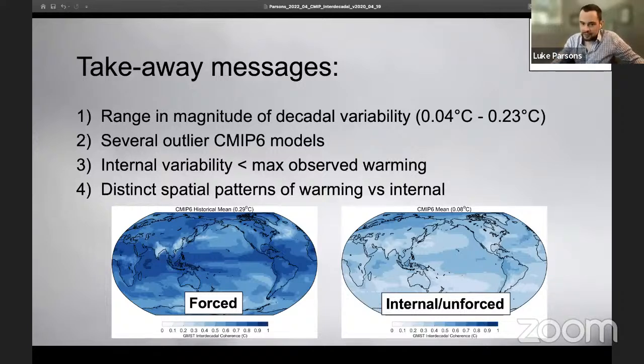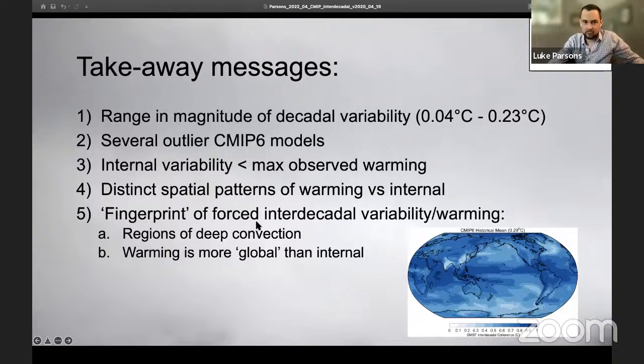And remember, what I wanted to show you here was that there's a distinct pattern of the coherence of variability at these longer timescales, and of trends, in the forced runs versus the internal variability in the control runs, right? There's much stronger coherence of variability in certain regions and globally. So I would say there's more of a fingerprint of forced interdecadal variability and warming in these regions of deep convection.